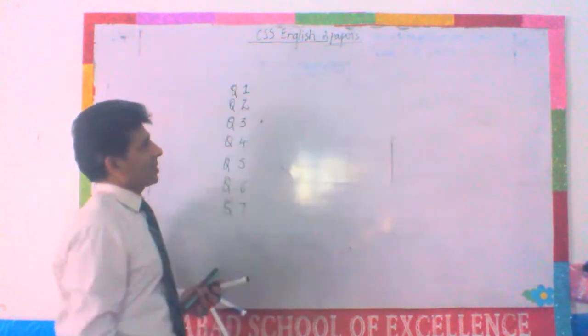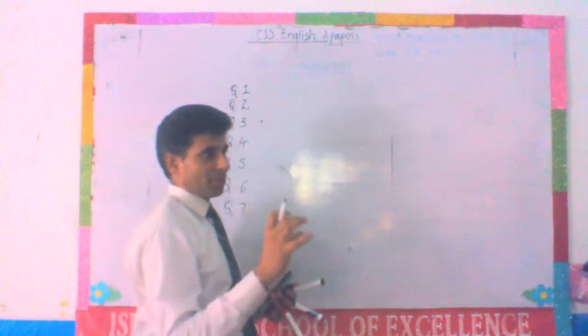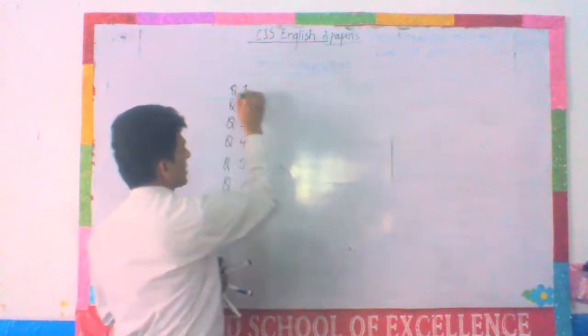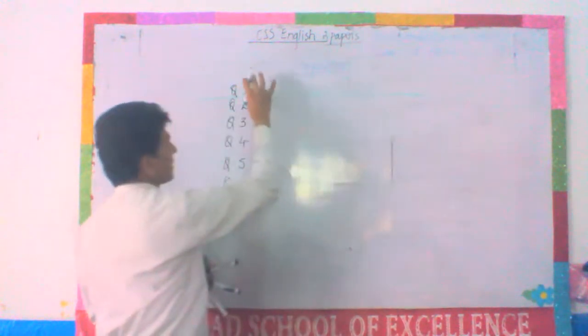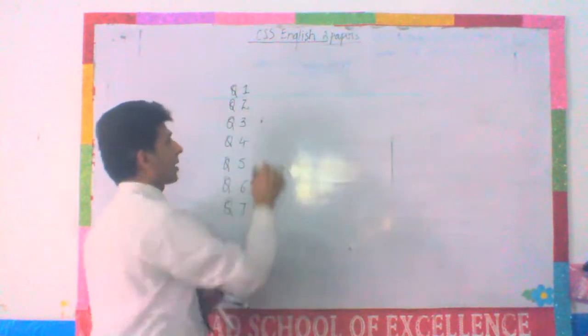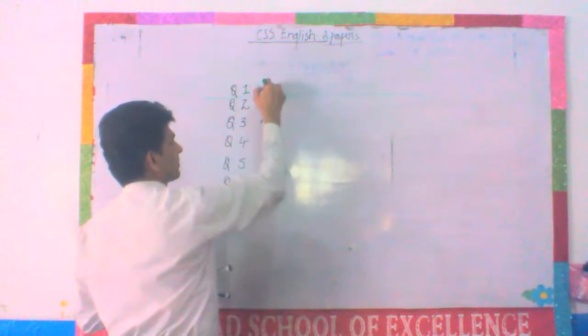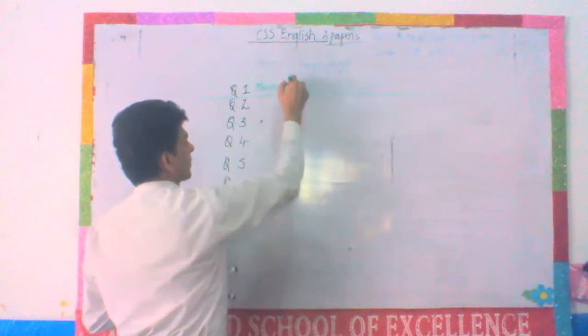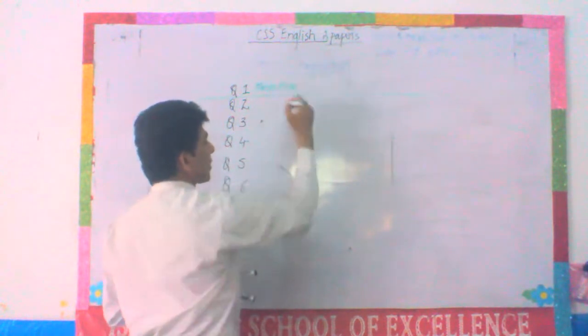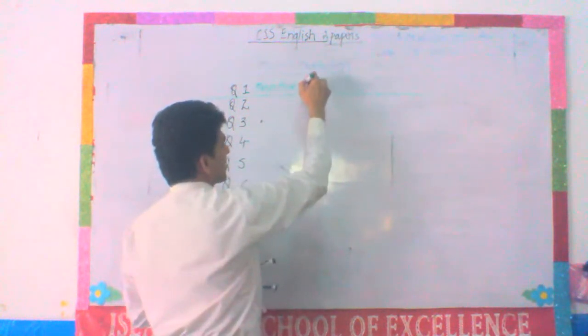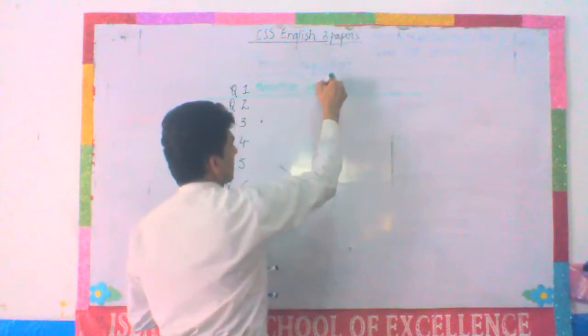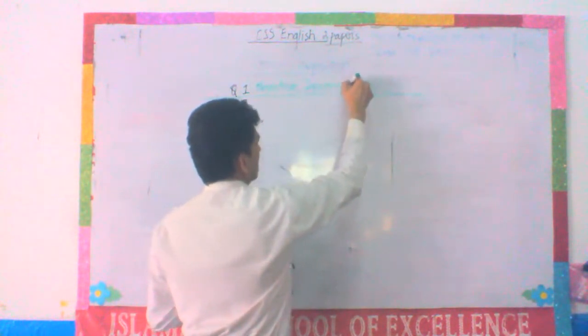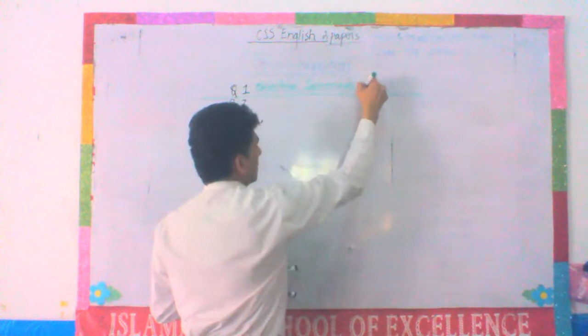Some of the questions have fixed topics, such as this first question. This is a separate section. It is objective type. There are 20 subparts. It consists of synonyms and antonyms.